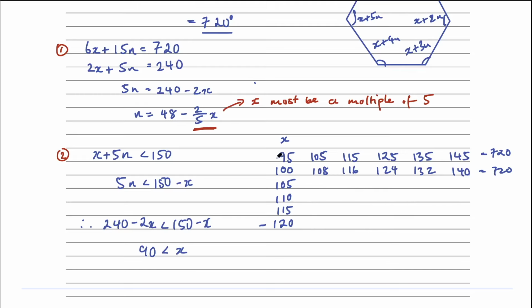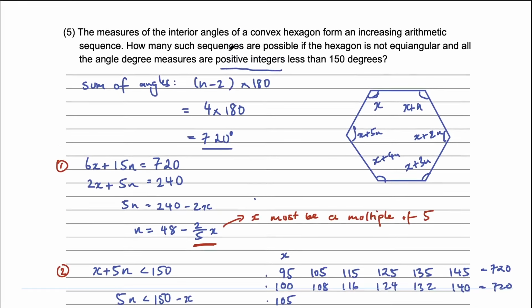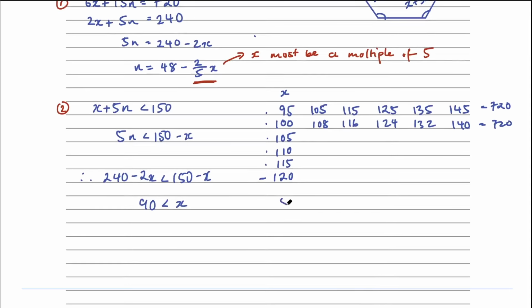There are 1, 2, 3, 4, 5 possible sequences, with 120 being where we'd have a regular hexagon. So my answer to how many such sequences are possible would be 5 sequences. That's one way you could go about proving this. I think there are probably plenty of other methods of doing that question.